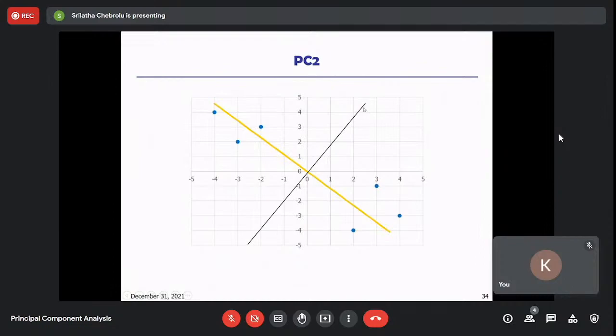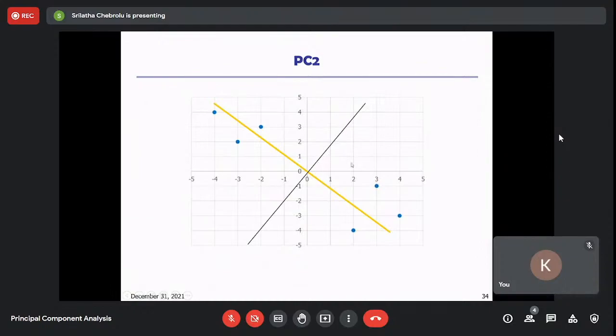That's why we will be taking a perpendicular one. Orthogonal: principal component PC2 will be orthogonal to PC1. There is no need to rotate and see. This will be perpendicular and it is passing through the origin.